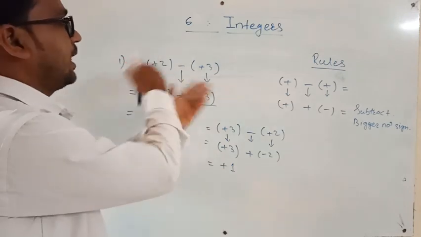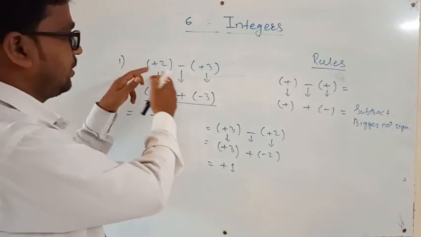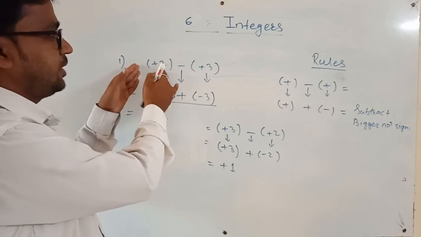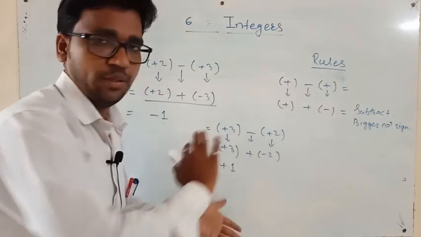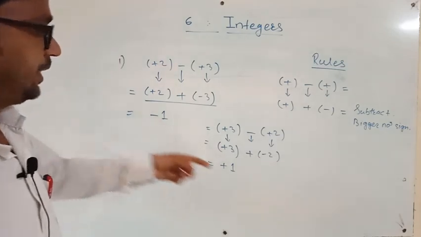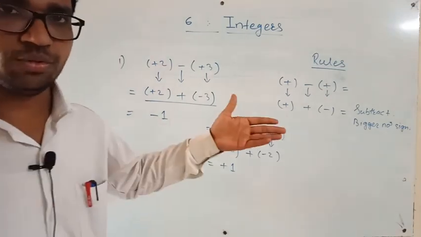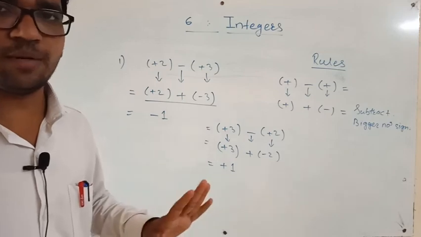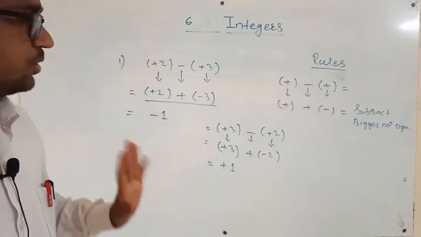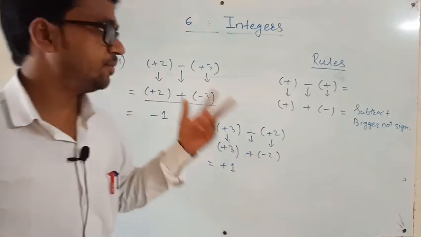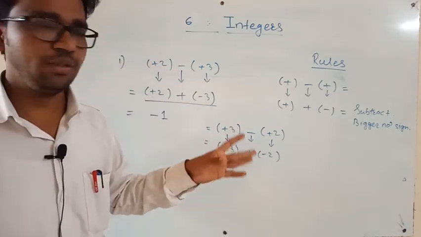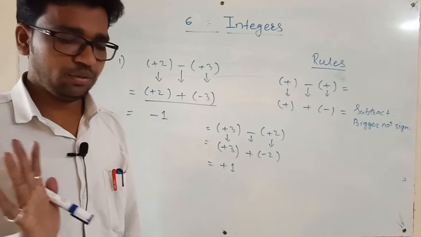If the places are changed, see, here in the first place there is positive 2 and here positive 3, but here it is positive 3 and positive 2. The answer will be changed, negative 1, positive 1. Lots of difference there, negative 1 and positive 1. So keep it in mind. So it is the first rule, for when both the numbers are positive.